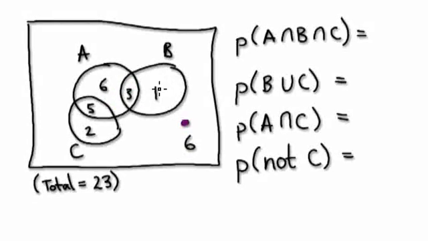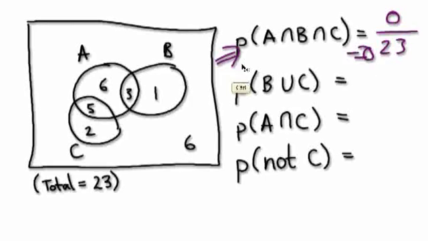Well, you're not in A, B or C. Let's say you're here. Well, you're in C, but not in A or B. Where in this diagram are you in A, B, and C? Well, nowhere. So it's going to be 0 over 23, which is 0. That was my trick question.